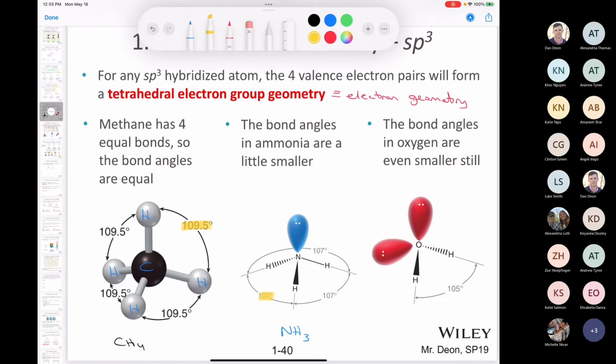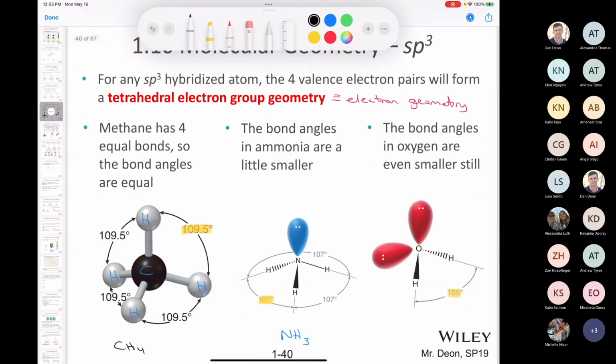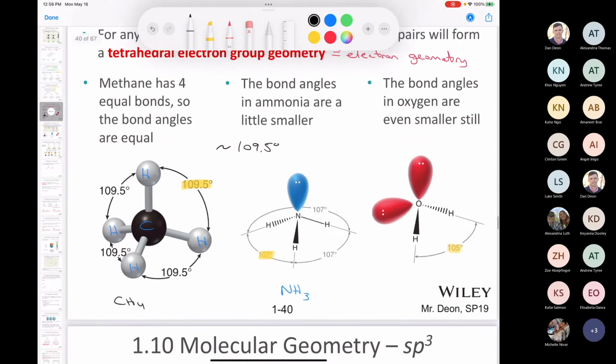And then in water, since you have 1, 2 lone pairs, it pushes the oxygen-hydrogen bonds even closer together and closes that gap up even more so that you have a lower bond angle, which is around 105 degrees. Again, for this course, as long as you know that all of the bond angles on this slide are close to 109.5 degrees, as long as you know that this bond angle is less than 109.5 degrees, and this bond angle is less than 109.5 degrees, that's good enough for me.